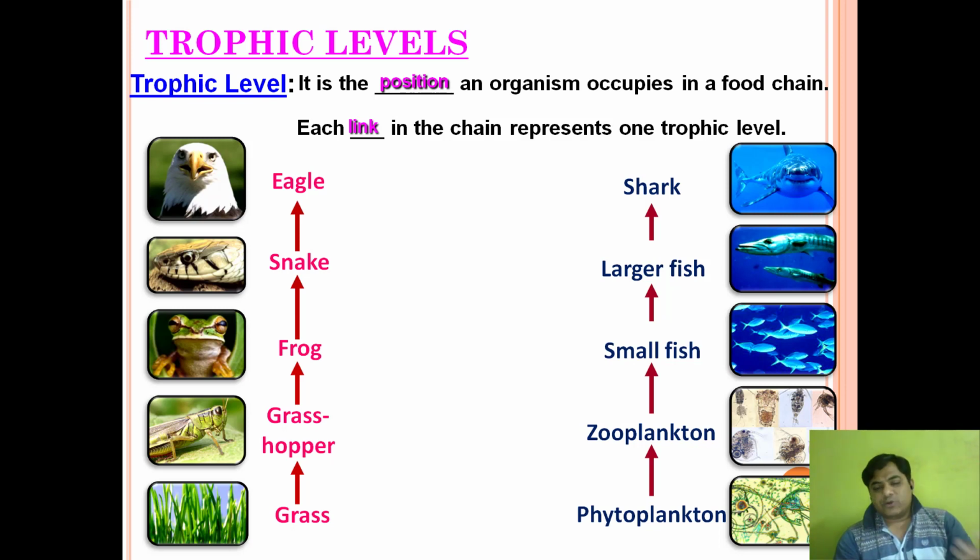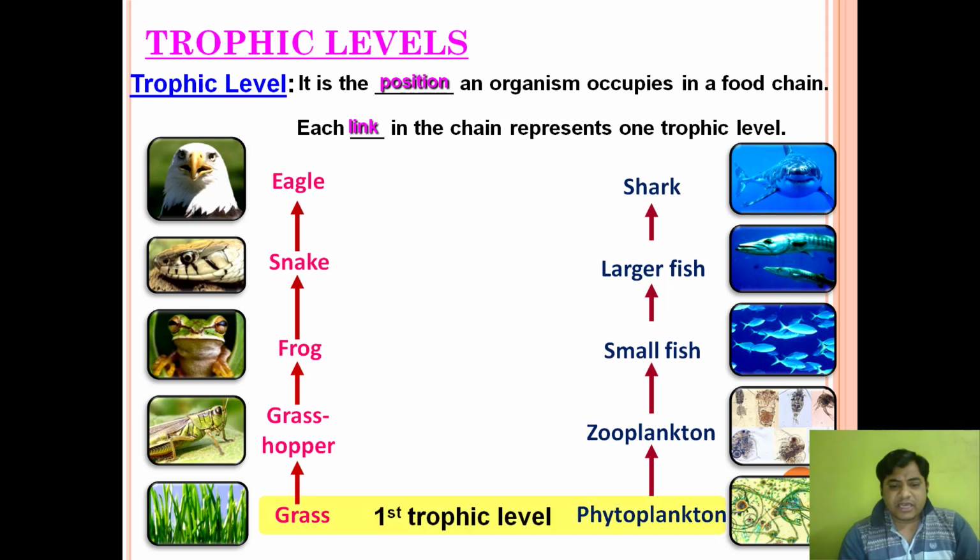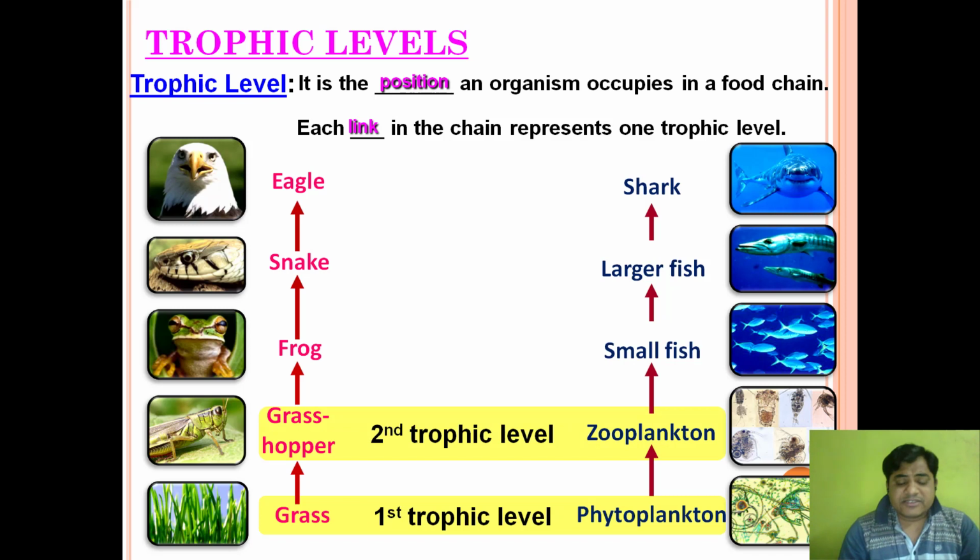The first trophic level in the grassland ecosystem is grasses or green plants, and in the aquatic ecosystem it is phytoplankton. The second trophic level in the grassland ecosystem is the grasshopper, whereas in the aquatic ecosystem it is zooplankton.